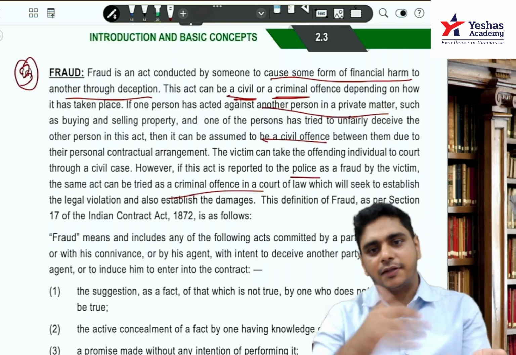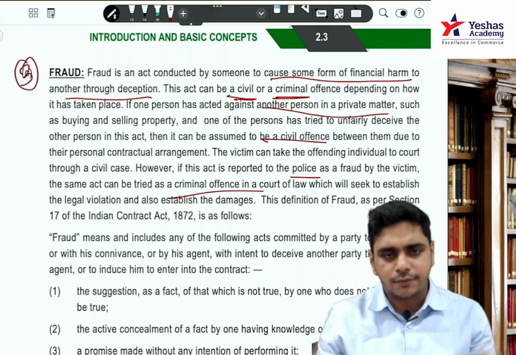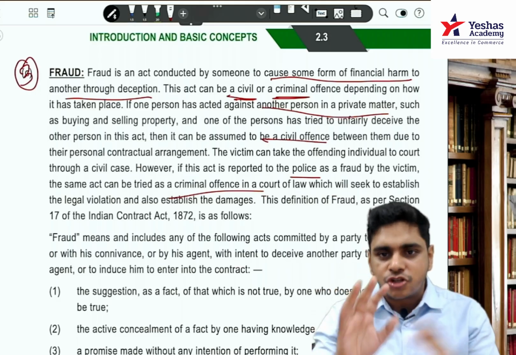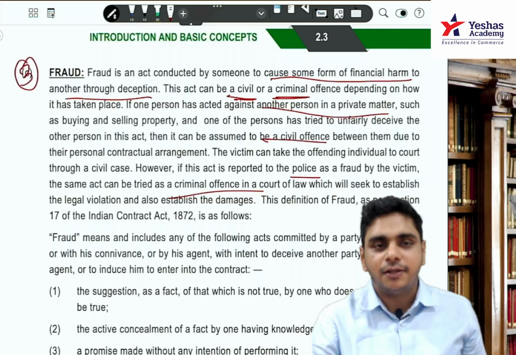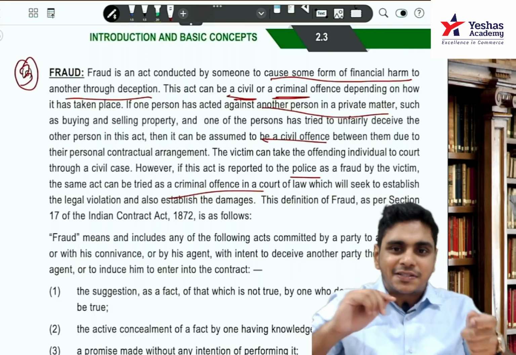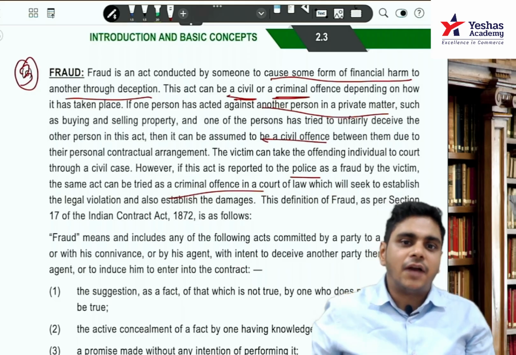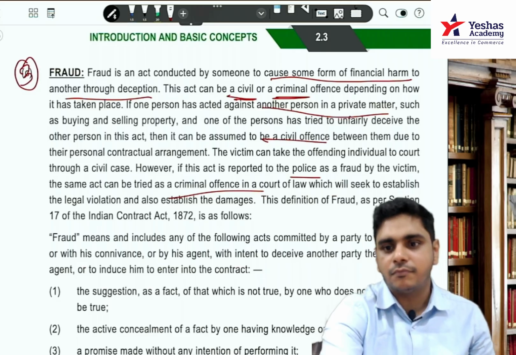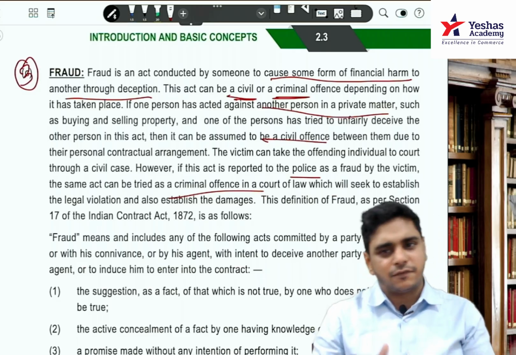The scooty fell and the lady also fell. She got some hurt. Civil act. But if he jumped the signal, banged the scooty, the lady fell and the lady died, that same action now becomes a criminal activity. So depending upon the severity of the offense, it will be judged as civil or criminal.